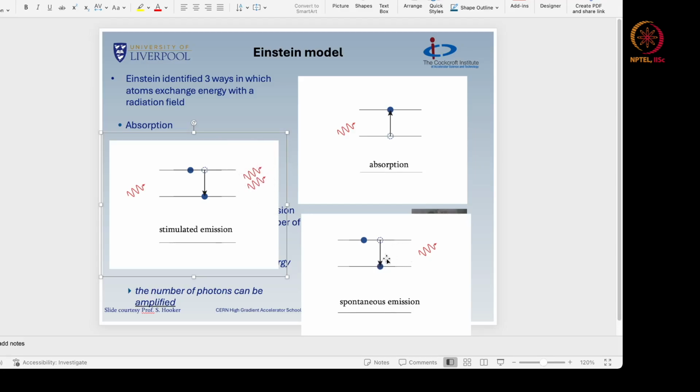In the case of spontaneous emission, if you have multiple systems undergoing spontaneous emission, the direction of the photons will be all around. But why does spontaneous emission happen? This is because of the vacuum perturbations that are there in the system. That means the electron is basically residing in a very unstable position.